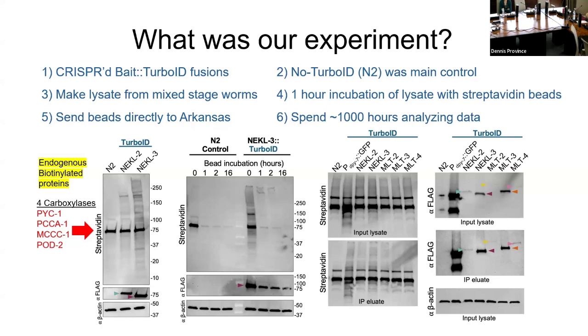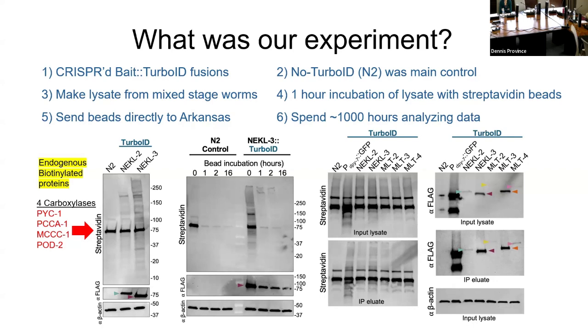And I really was worried that all the mass spec would do was read these things and there would be nothing else to see. I thought 99% of the reads are going to be these 4 carboxylases. That wasn't true. It turned out we got great stuff from these types of experiments. And so what I'll come back to is, when people say, should I even bother to send you my sample?